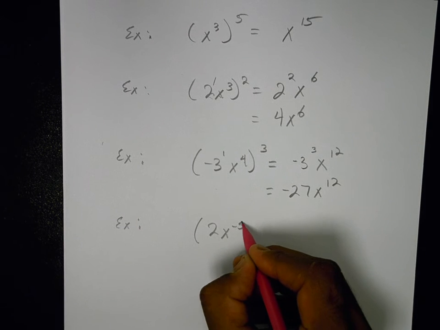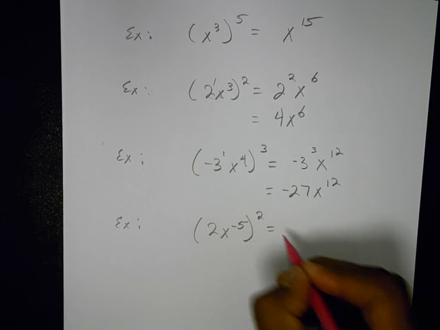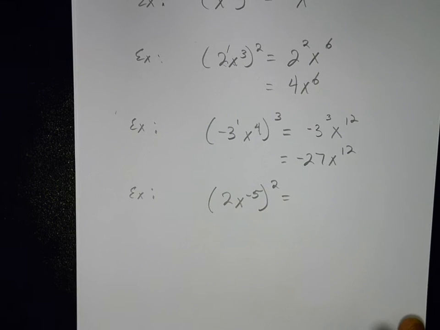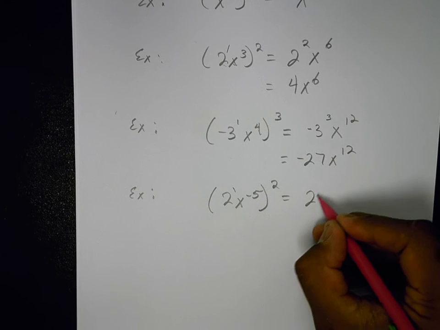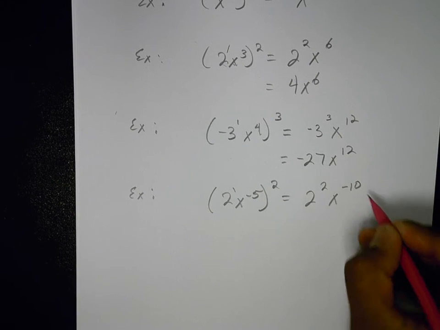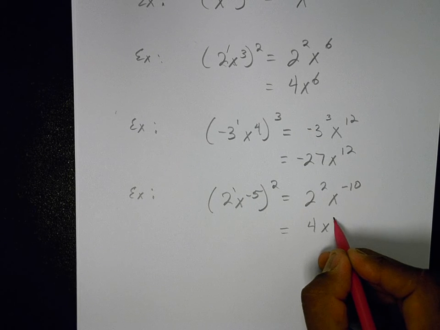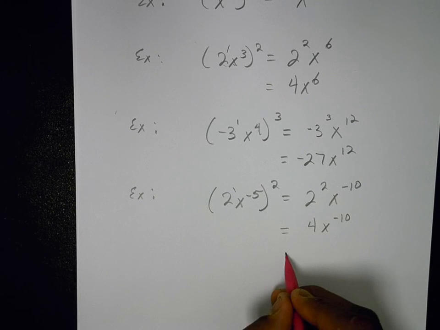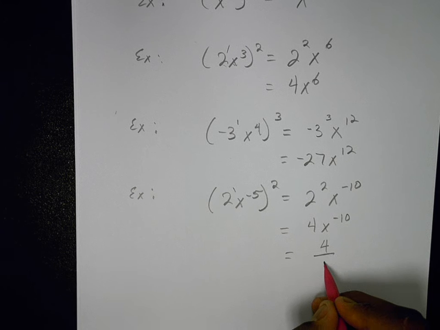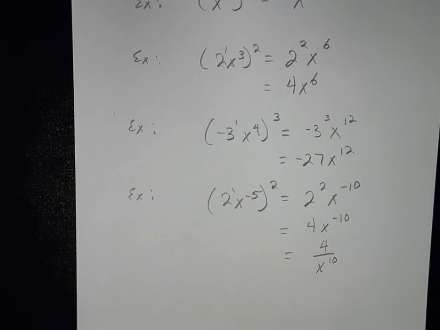2x to the negative 5th power. In this case, same thing, there's really a 1 right there, so it's 2 to the 2, and I'm multiplying those, so I end up with 4. And remember, I don't want to leave my answers with negative exponents.